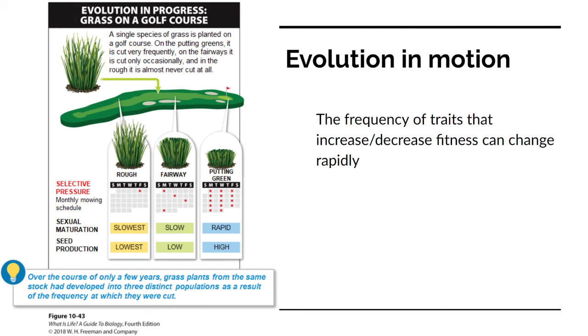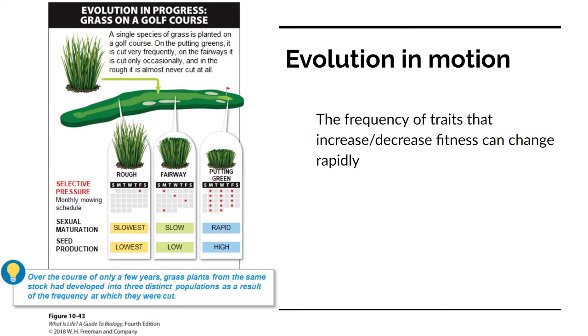The example is a golf course, where we have the rough, the fairway, and the putting green. Because the putting green is cut so often, it has a much quicker reproduction rate than the rough. The putting green is being put through a selective pressure where only the grass plants that produce seeds the quickest will create seeds and go on to the next generation, whereas that's not a concern in the rough.